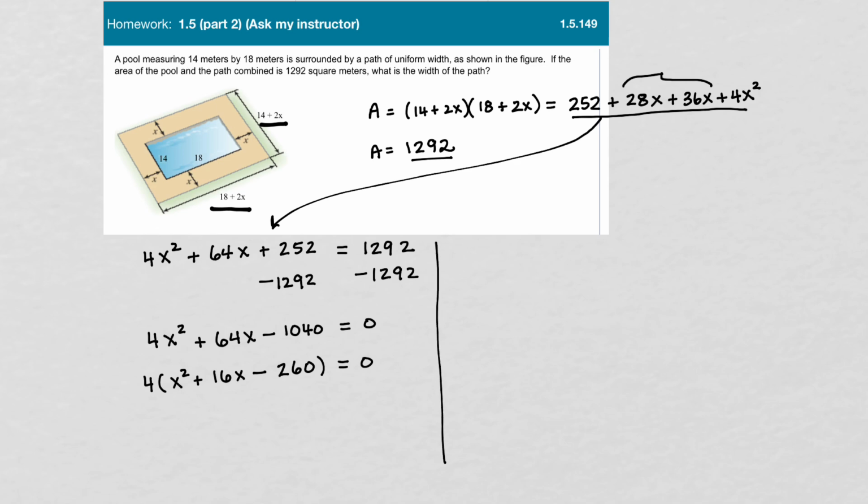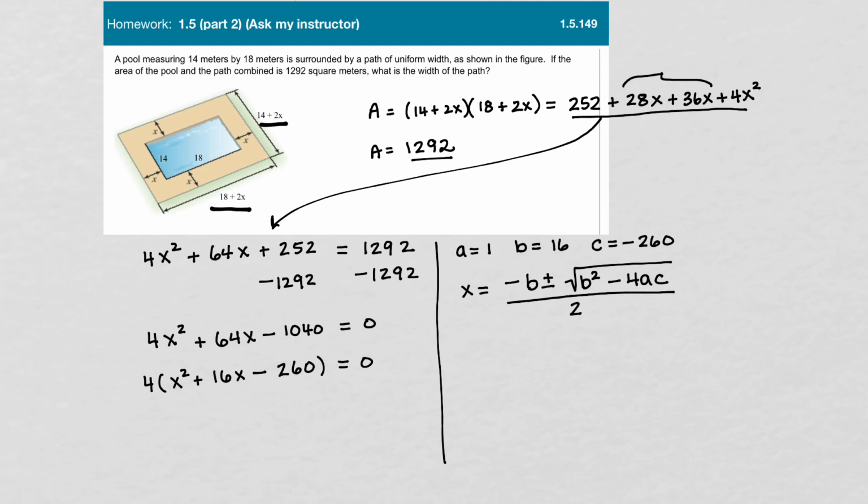I'm going to go ahead and use the quadratic formula. So a is equal to 1, b is equal to positive 16, and c is equal to negative 260. According to the quadratic formula, x equals negative b plus or minus the square root of b squared minus 4ac, all over 2a.